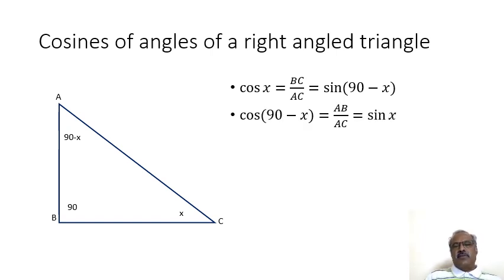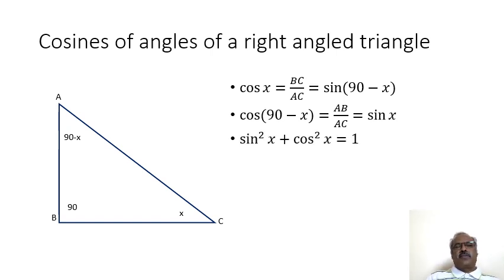On similar lines, cos of 90 minus x would be equal to AB by AC, which is also equal to sine of x. So this is the relationship between the cosine and sine of the angle and its complementary angle, that is the angle which adds to give the sum 90. So cos of 90 minus x is sine of x, and sine of 90 minus x is cos of x.